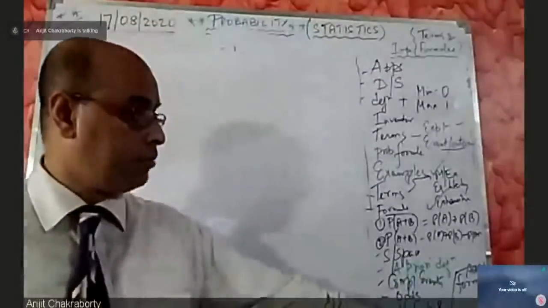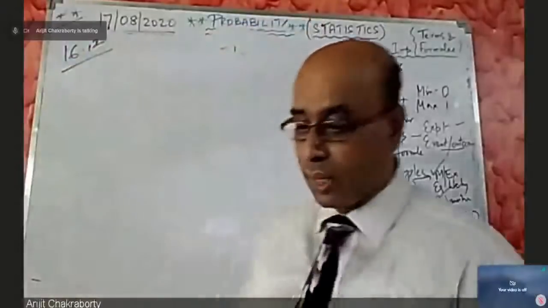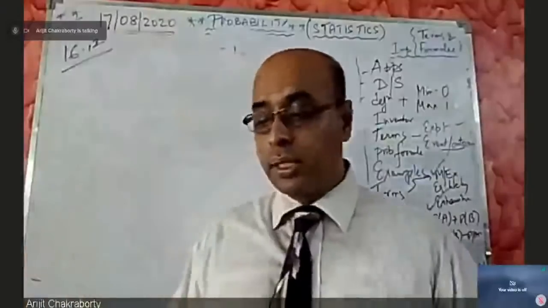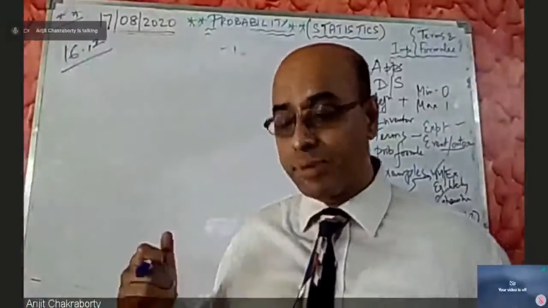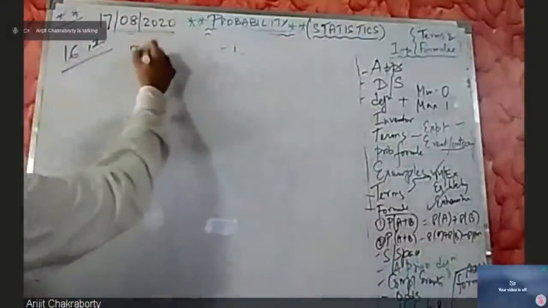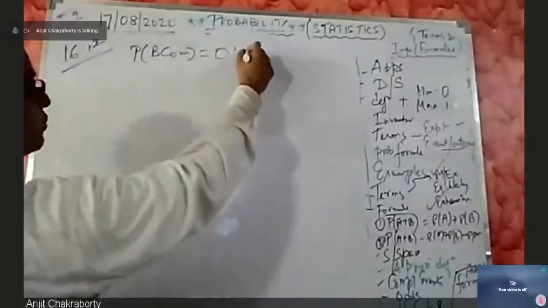Then we will move on to conditional probability. Let's see 16.12. The question says the probability that an accountant's job applicant has a BCom degree is 0.85. So probability of a BCom is 0.85.